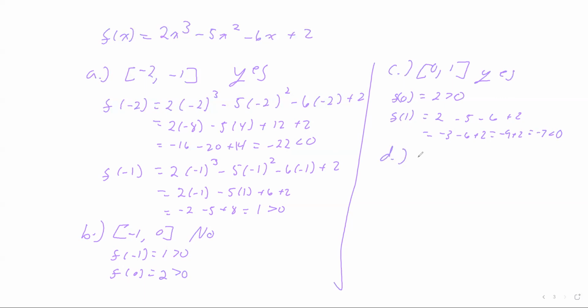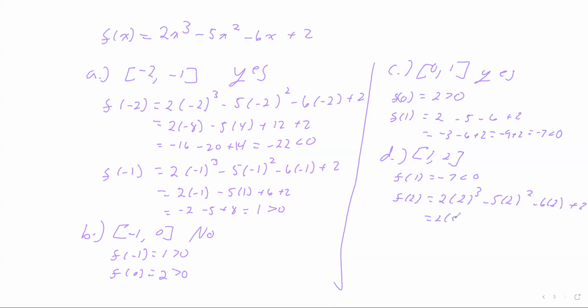Part D then just says 1 to 2. Again, you already did f of 1. That was -7, which is less than 0. So as long as f of 2 is greater than 0, we should be okay. Let's see. So 2 times 2 cubed minus 5 times 2 squared minus 6 times 2 plus 2.